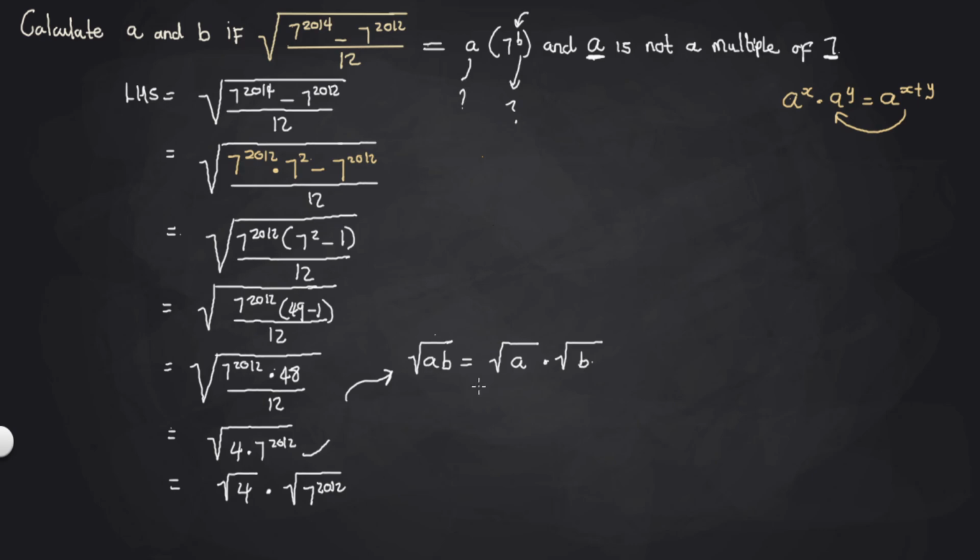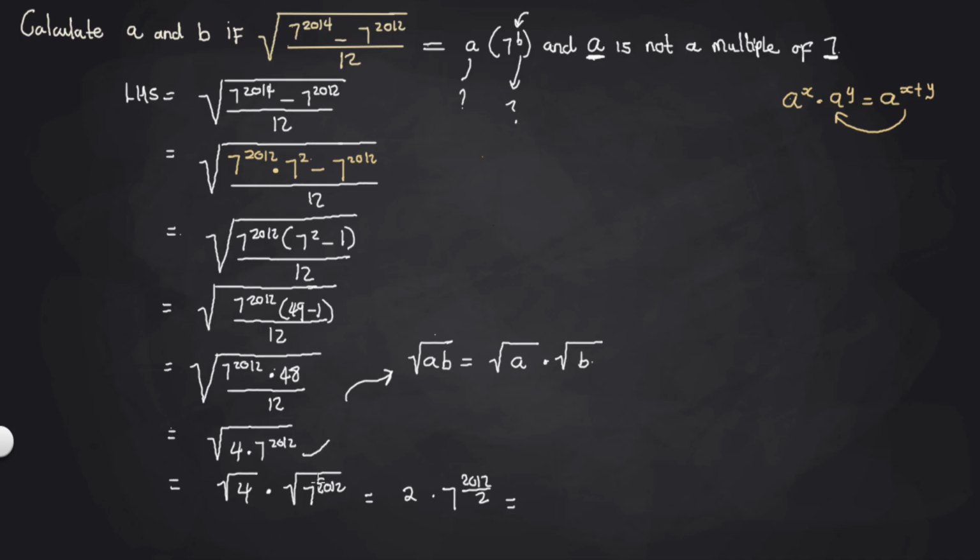So this is what I applied, equal to the square root of 4, that's 2, times the square root of 7 raised to exponent 2012. This is basically 7 raised to 2012 divided by 2, right? Because a square root, when converted to its rational exponent, it's basically half.